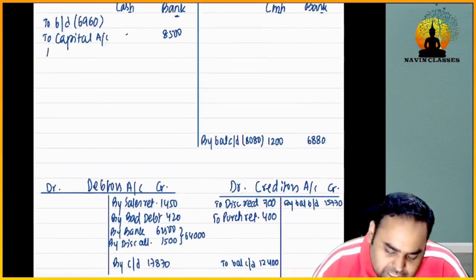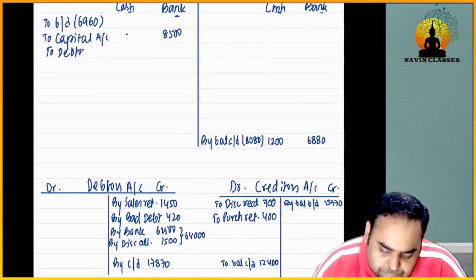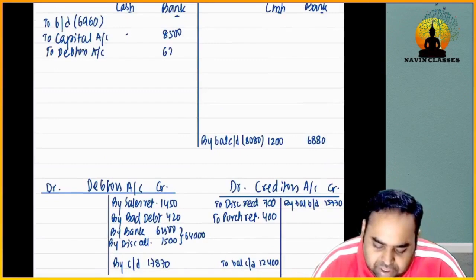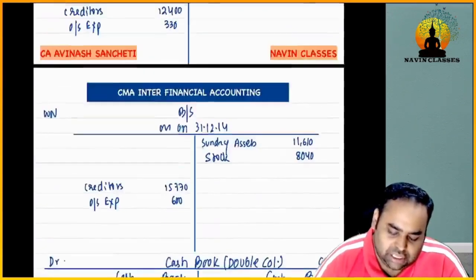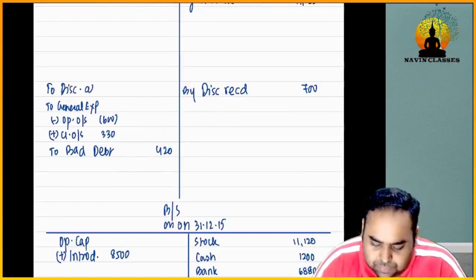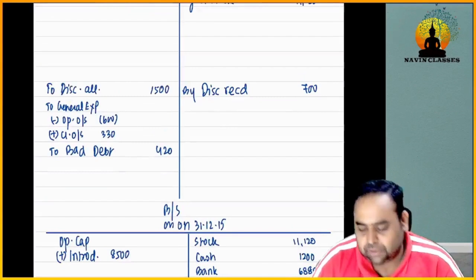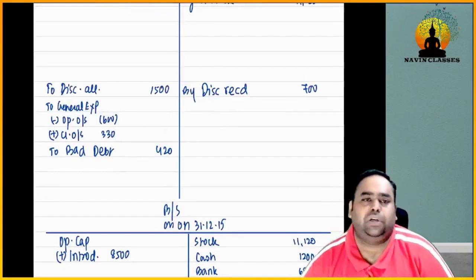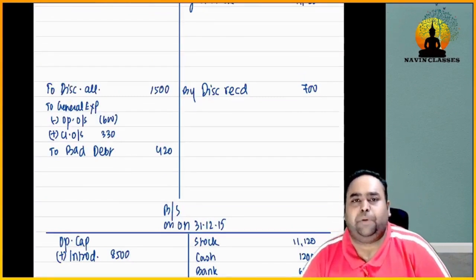Now in the bank account, we will write 62,500. And look, the discount will go into P&L to discount allowed 1,500. So the discount of 1,500 will show in P&L.